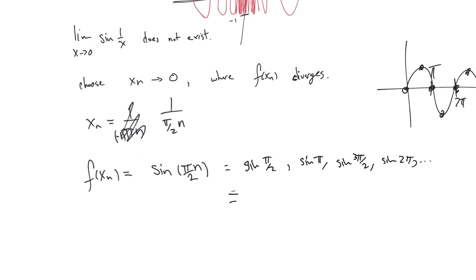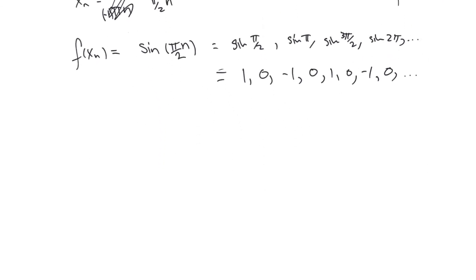And this is 1, 0, minus 1, 0, 1, 0, minus 1, 0, etc. And that, my friends, does not converge, right? This diverges. How do you know that doesn't converge? Well, it's bounded, but I can find sequences which converge to 2 different values.